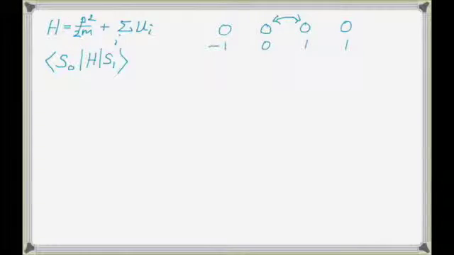Because this wave function is localized over here, this wave function is localized over here, so by the time I get to atom negative 1, for example, over here, this wave function is strongly decayed. The wave function S1 is strongly decayed by the time it gets over here. And so the contribution due to the potential on atom negative 1 will be much smaller than the contribution to the potential on atom 0 and 1.